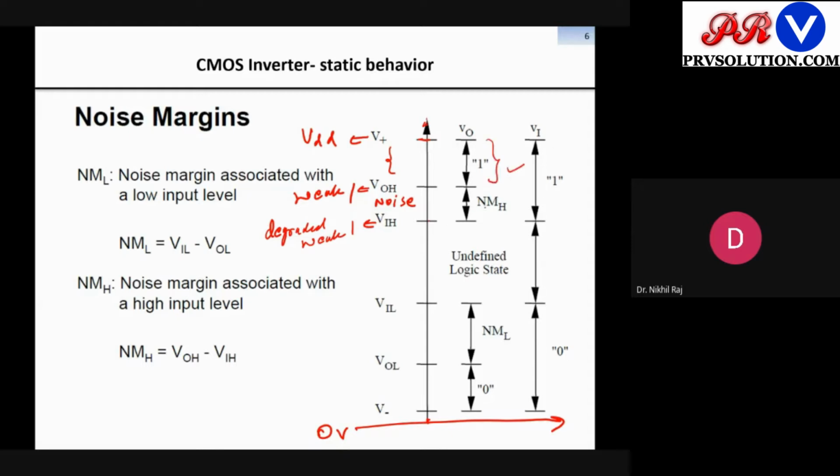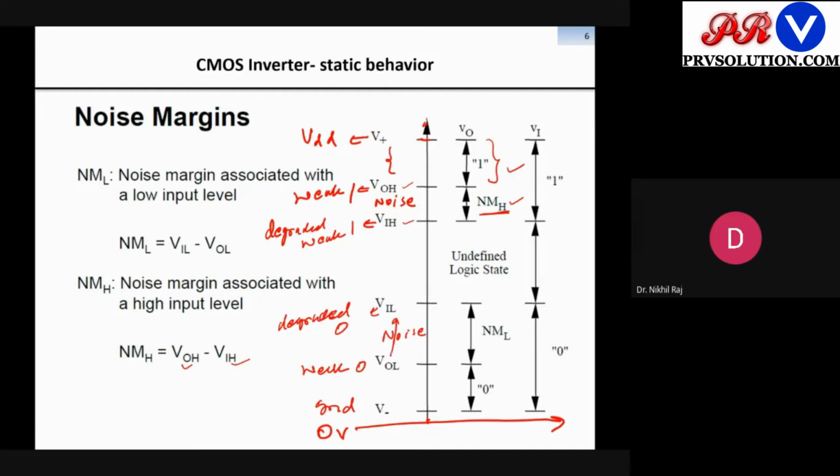From here to here logic 1 was there, which was defined earlier, and the fluctuation that corresponds to the noise margin is given by VOH minus VIH. So noise margin high is VOH minus VIH. Similarly at the bottom for logic 0, if this is your ground, this is your weak 0, or degraded 0, and this happens due to noise.